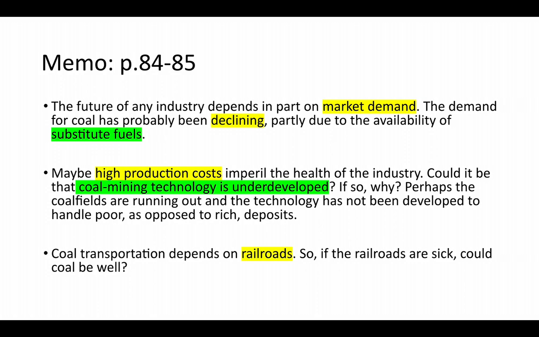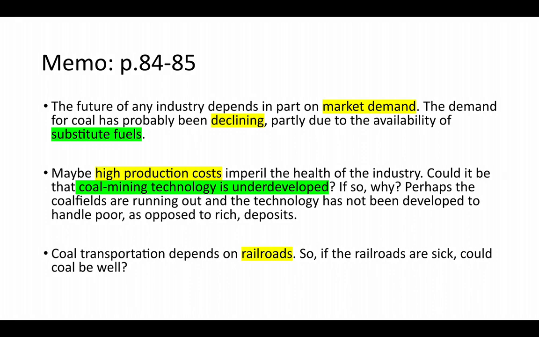All right, so there are also many other things. The future may depend on market demand, but if the market is declining because of substitute fuels, then even if you seek government subsidy, it probably won't last long, because people are shifting to other fuels. Or if the future is pretty bad, is this because of high production costs?